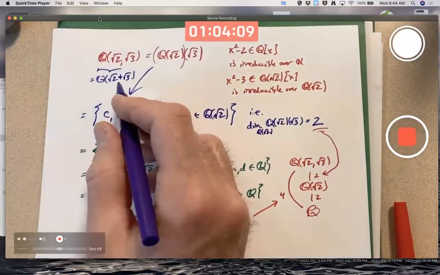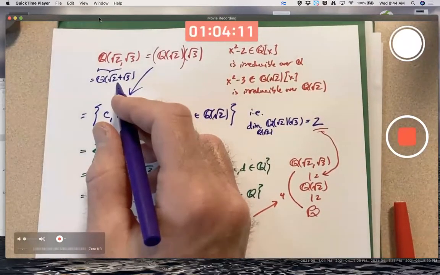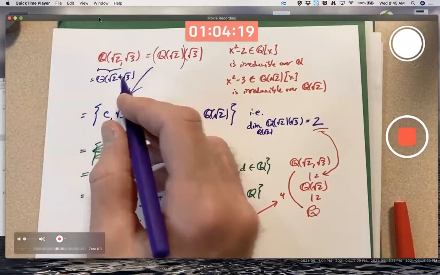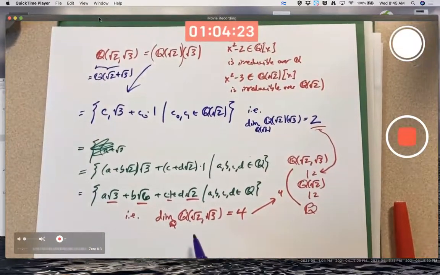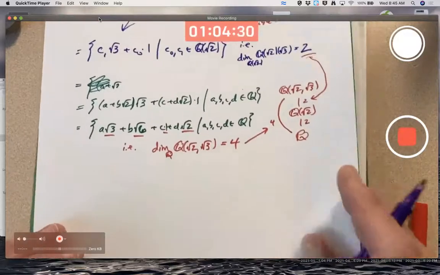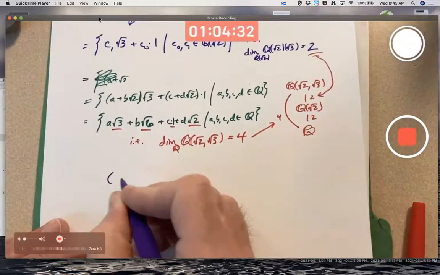Root 2 plus root 3. It must be the root of an irreducible polynomial over Q of degree 4, because it's the same as this, and we just found that this is a four-dimensional vector space over Q. That takes some experimentation as well.